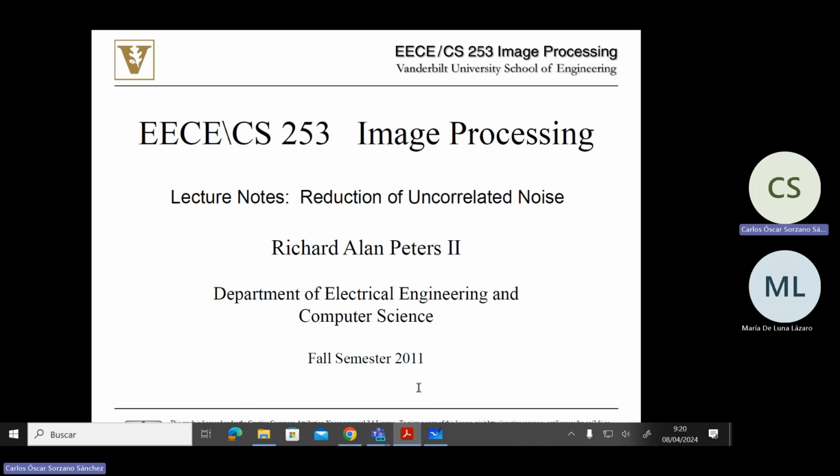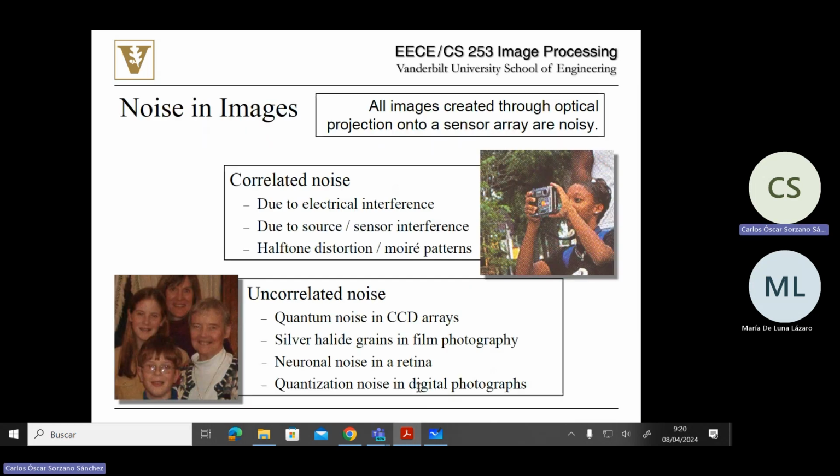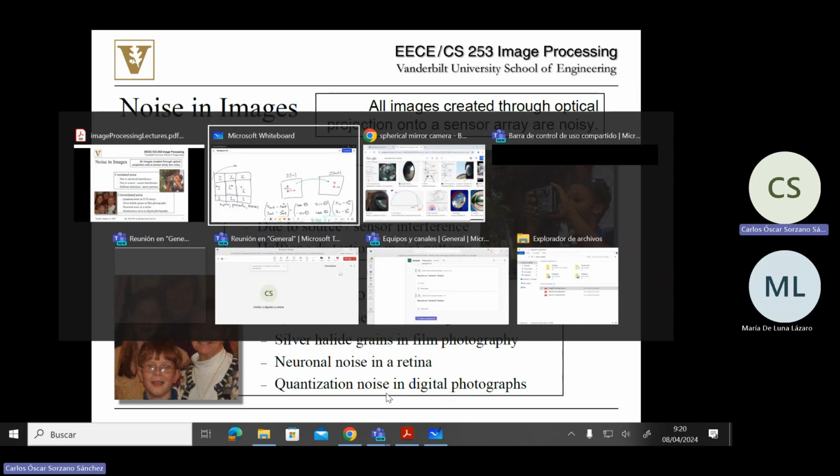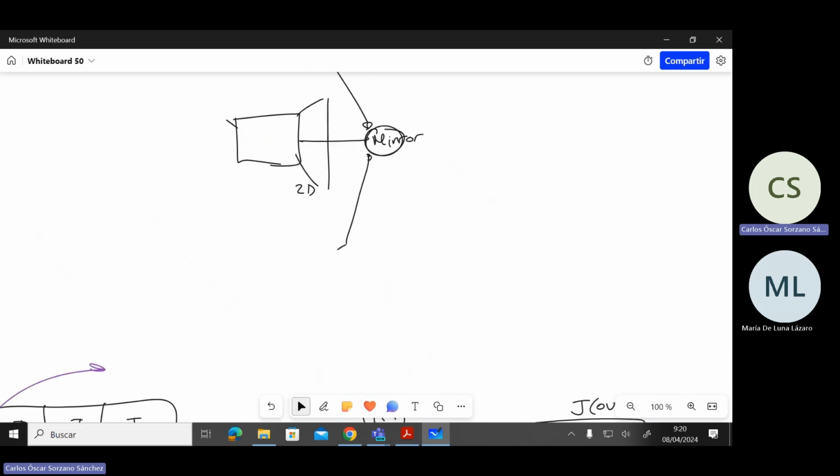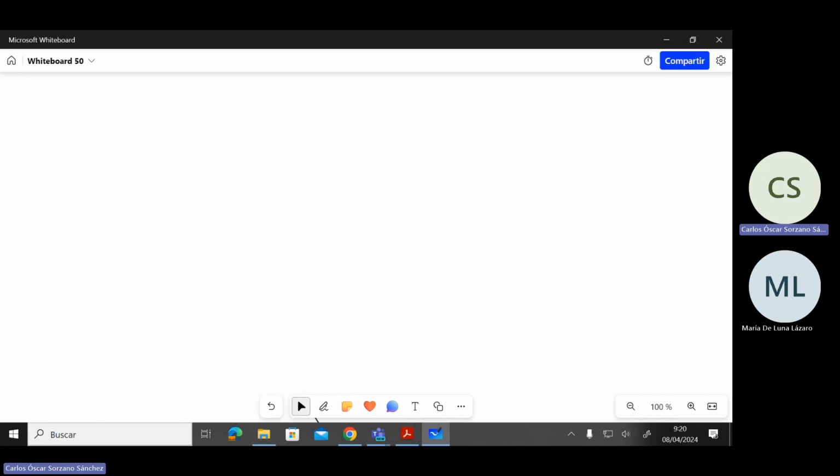Okay, then let's start with the next lecture, which is uncorrelated noise. Uncorrelated noise is when you have a perturbation in your ideal image. Typically, we will assume that the noise is additive. It doesn't need to be additive, but most of the time, or in many physical systems, it is.